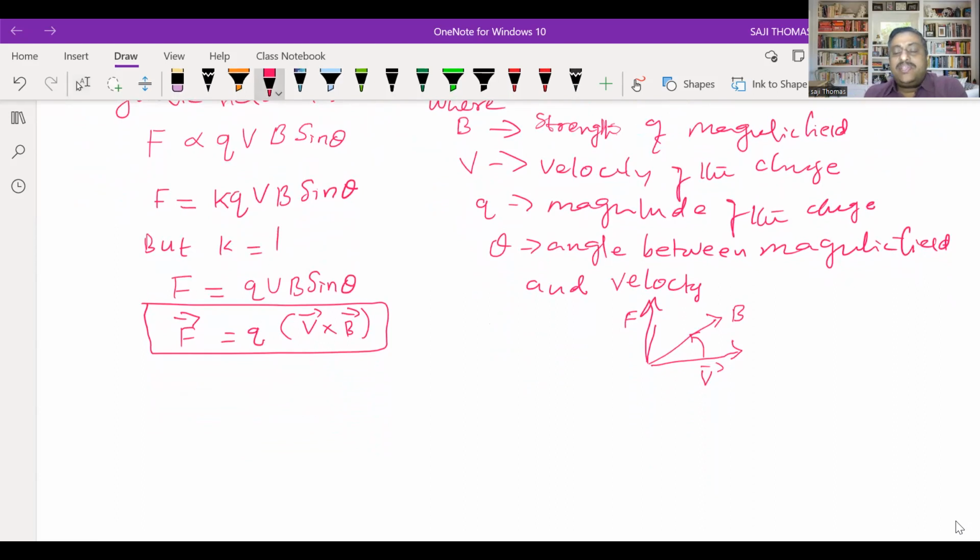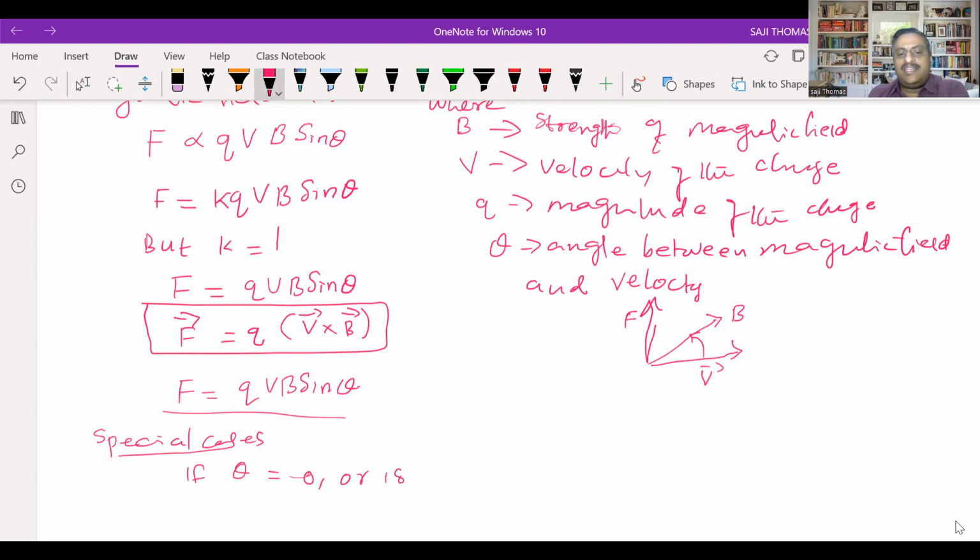Now, what is the magnitude of the force? The magnitude of the force is F equal to QVB sine theta. We can discuss some special cases. If theta is 0 or 180, what will be the force?